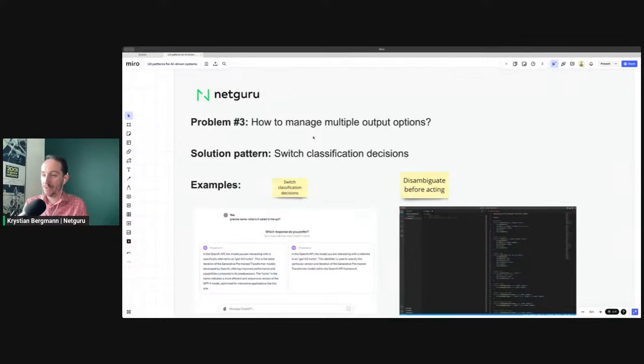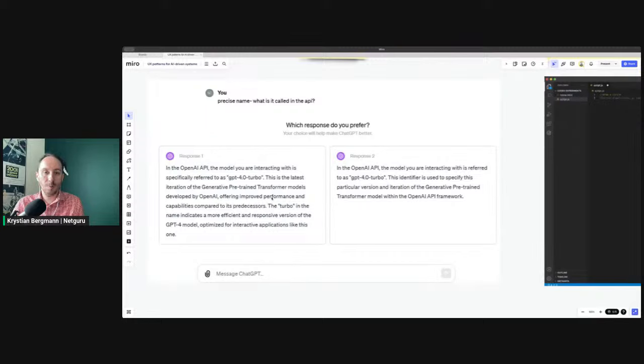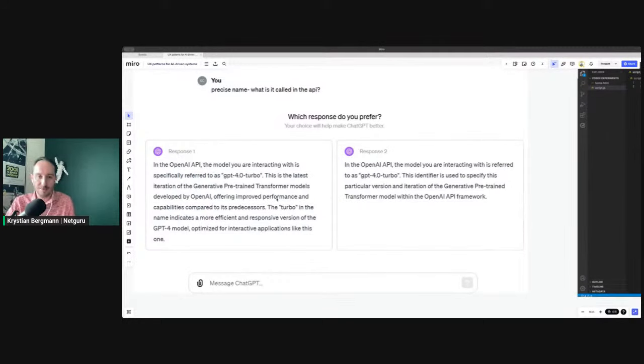So it can give you some options, and maybe there is one that you prefer. Of course, if you are a UX researcher, you can also imagine that this is a perfect scenario for your A/B testing, right? But in the case of AI systems, this is, for instance, what OpenAI is doing in the ChatGPT interface.